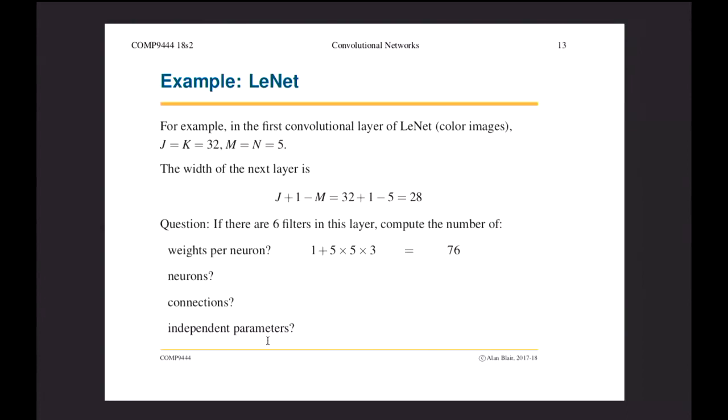That's right. So the number of neurons in the layer is 28 times 28 times 6. There are 6 channels, 6 layers, and each layer is 28 by 28. Now, how many connections are there? 6 is the number of channels in the hidden layer.